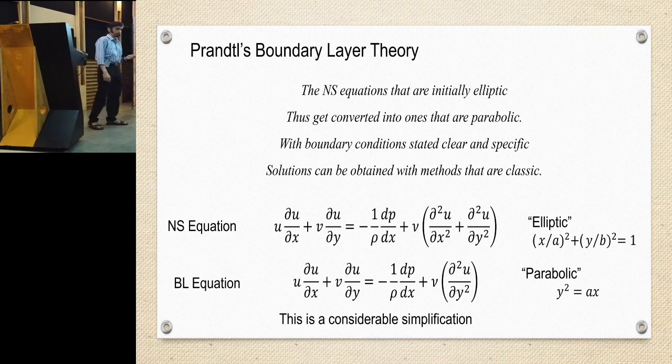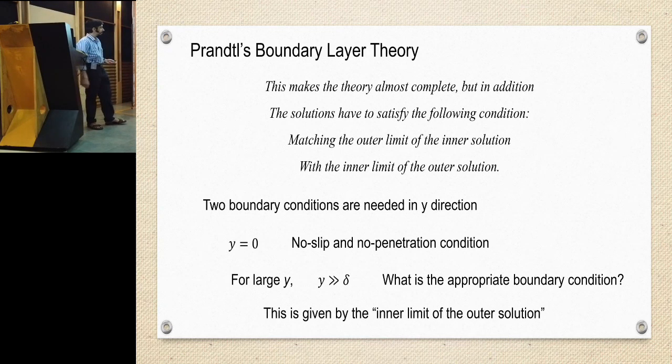So just a small mathematical point, I will not labor on this, that the form of the equation, which is elliptic, you look at the equation of the ellipse, and this is something similar. It gets converted into a parabolic differential equation, like y squared equal to 4ax. So that is a considerable simplification for those who know what it is.